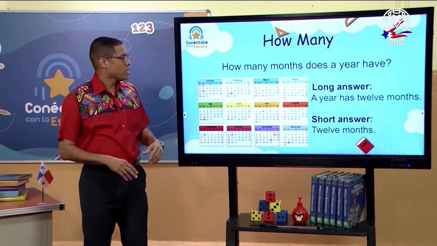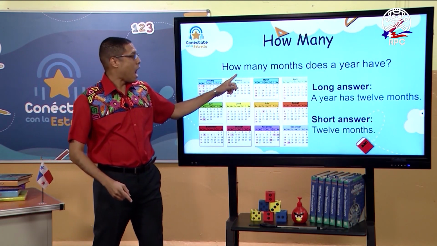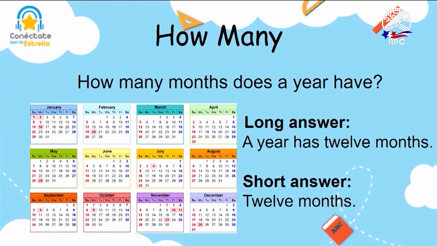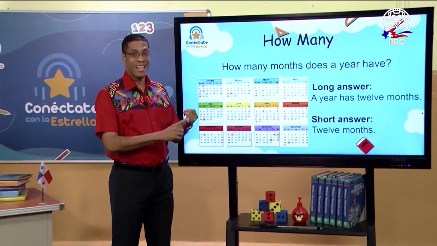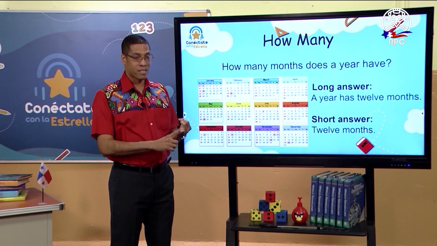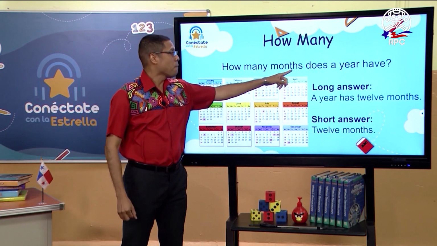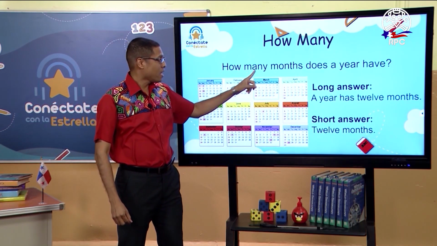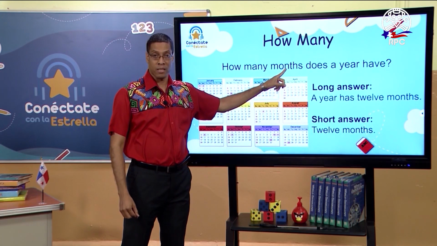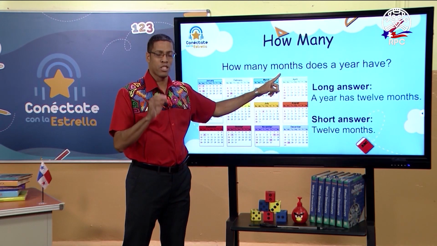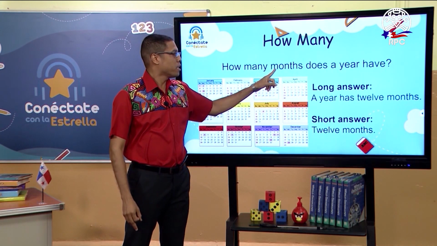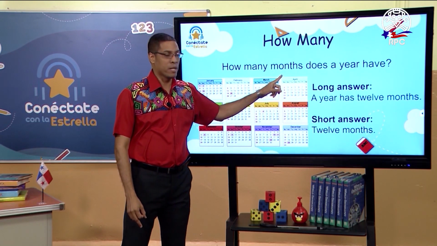Now, let's see. How many months does a year have? Remember, I asked how many days, how many minutes, now how many months. How many, and then plural noun. Remember that plural noun is always placed after how many?